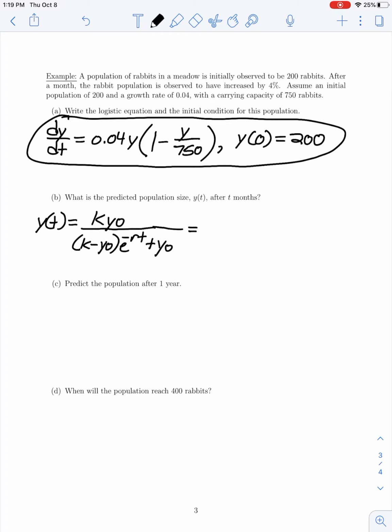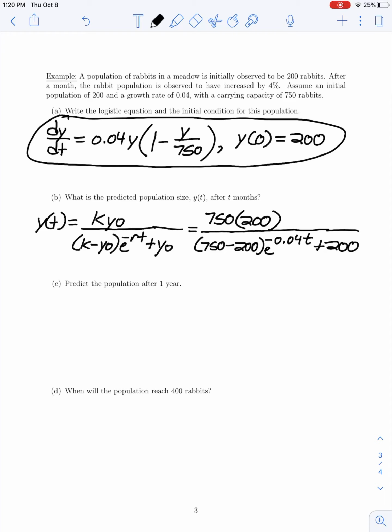So substituting in the values, our carrying capacity k was 750 times y naught, which was our initial population of 200 rabbits. And then we're dividing by k, which was 750, minus y naught, which was 200, times e to the negative r, where our growth rate here was 4% or 0.04, times t, plus y naught, which was 200.